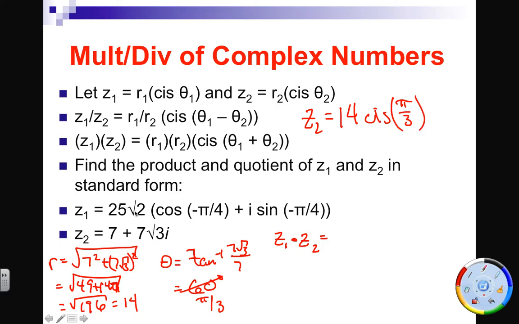And this, by the way, is 25 root 2 CIS negative pi fourths, just written in long version. All right, so if I want to find the product, I'm going to find the product of their two r values, their two moduli, and I'm going to add their two arguments.